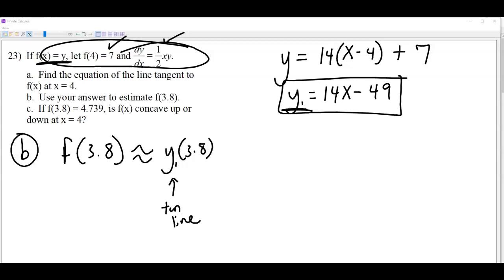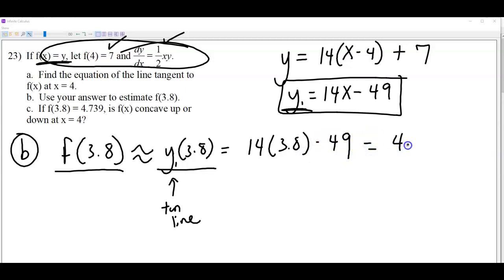So the original function's value at 3.8 is approximately equal to the tangent line's value at 3.8, which is 14 times 3.8 minus 49, which comes out to be, let me get my calculator, about 4.2.